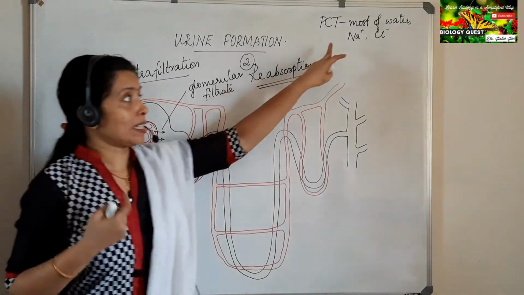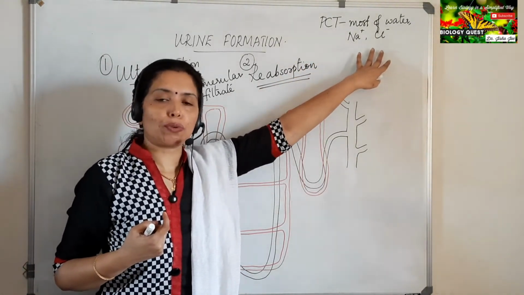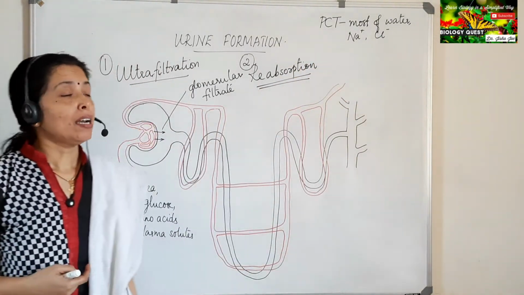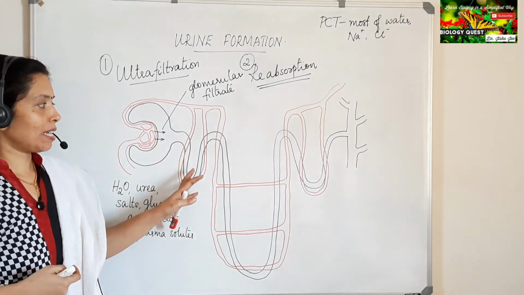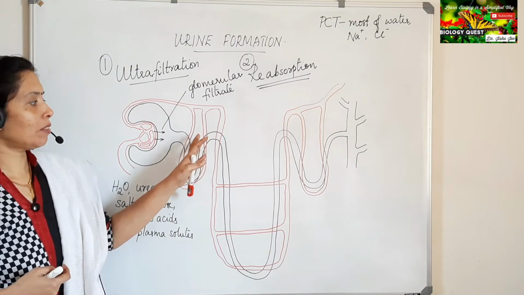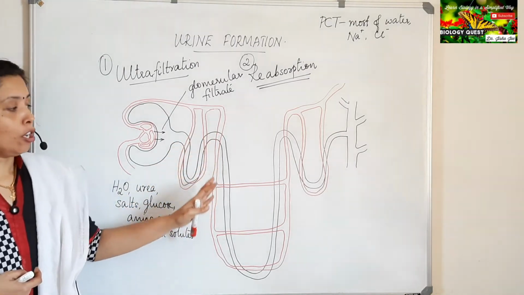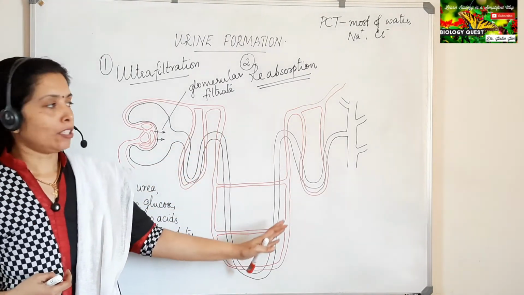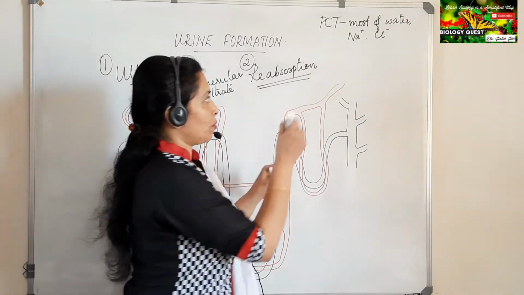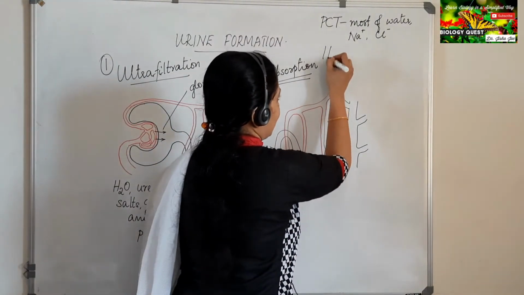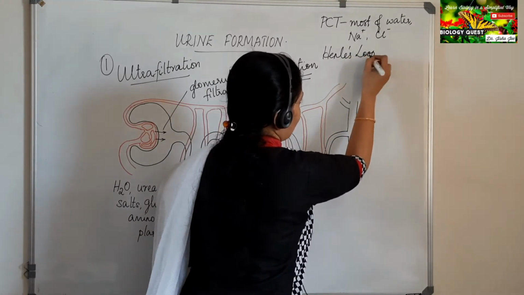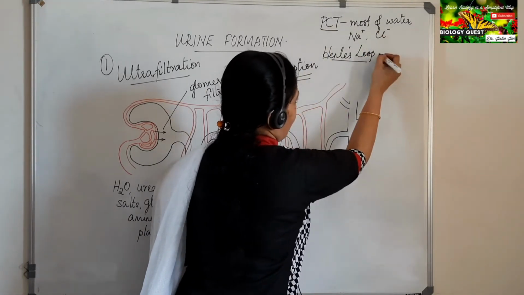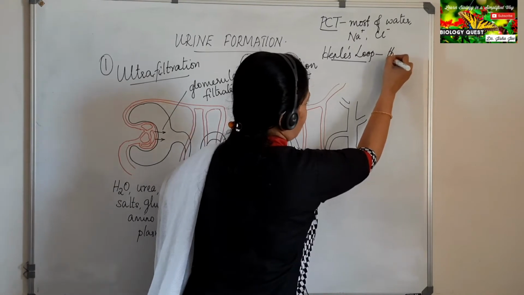In the PCT, most of the water and sodium and chloride ions will be reabsorbed. Now after reabsorption in the PCT, the filtrate has reached the loop of Henle, the second part. Here also water will be reabsorbed.